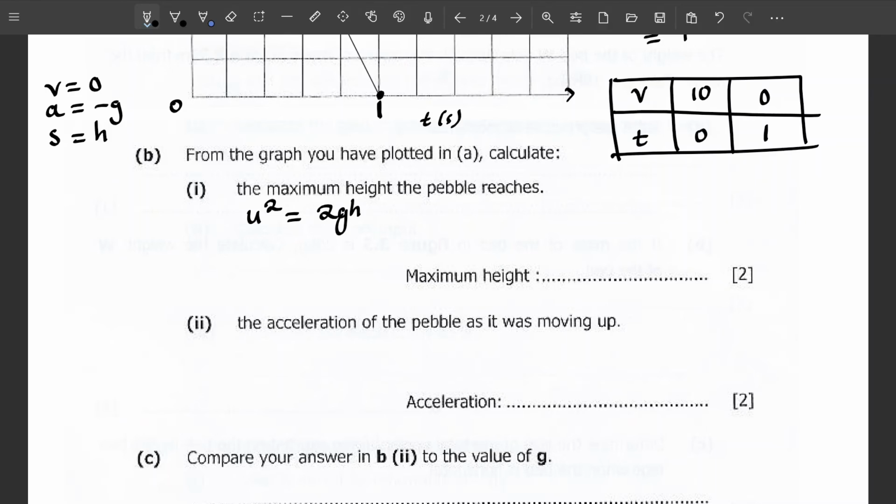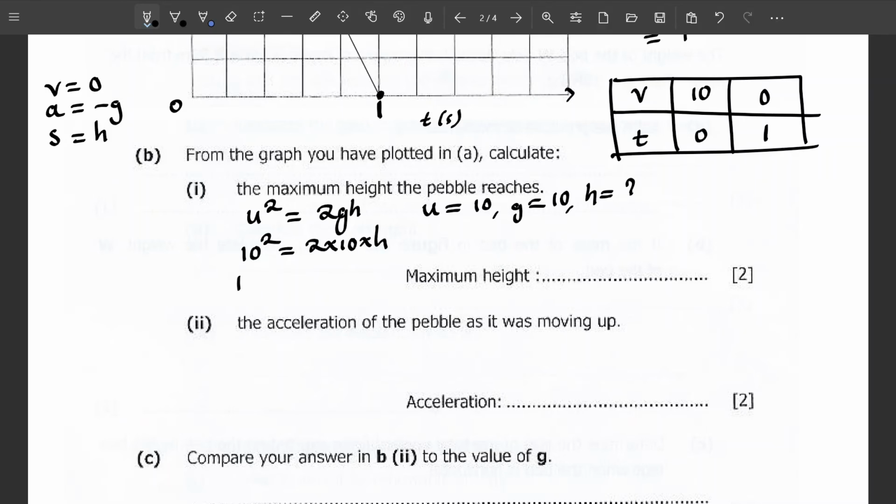We have u is equal to 10, then we have g also as 10, then we have height as question mark. So if we substitute, I'll say here 10 squared is equal to 2 times 10 times h.